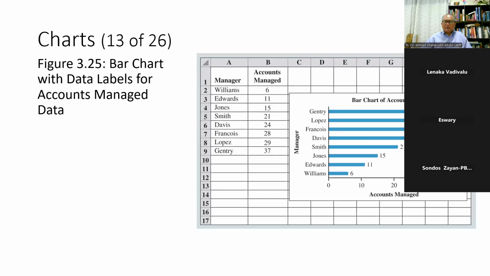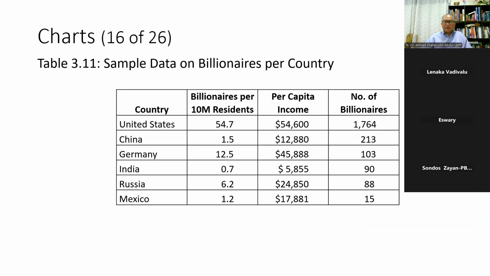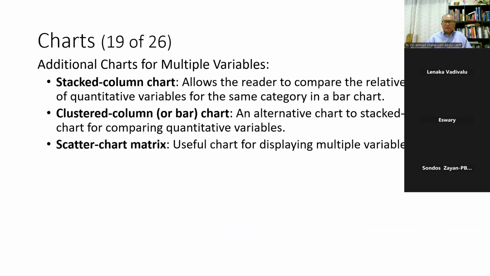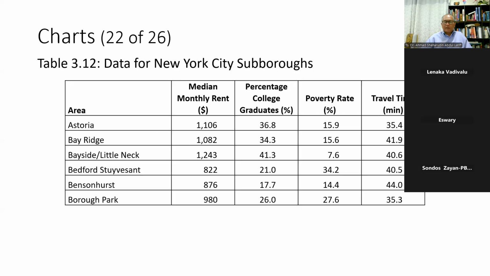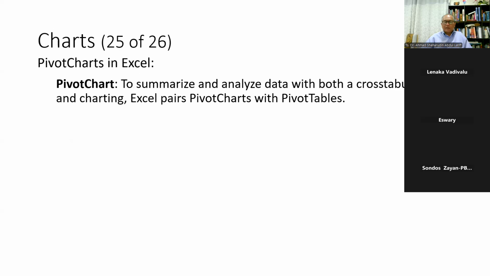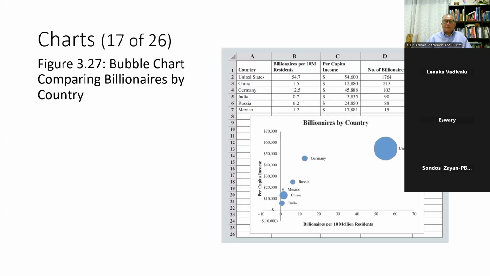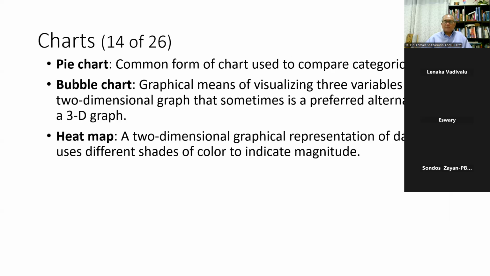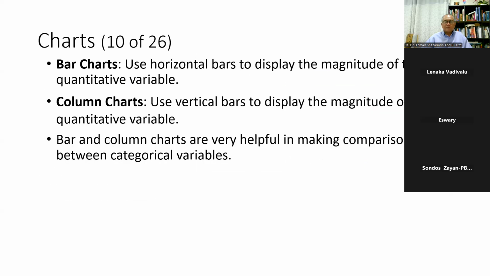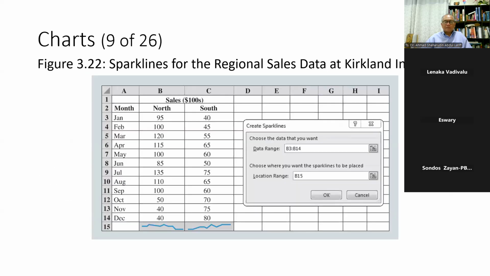Let me show you the spark line first. Where is the spark line? No, there's no spark line. A spark line is a very low, simple line at the bottom. This is the spark line. Missed that.